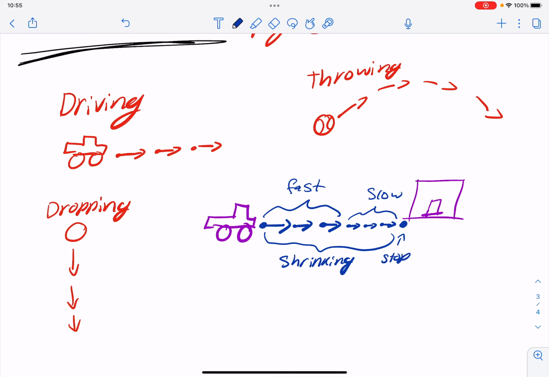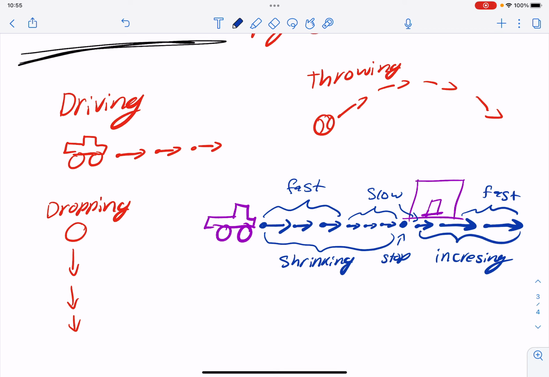Then same thing goes if this person's done ordering, they're going to take off with their new Starbucks pumpkin latte, and they're going to drive off. So you're going to see the arrows start getting longer. So this is slow, right? And this would be fast, which means that we're increasing in speed, right?